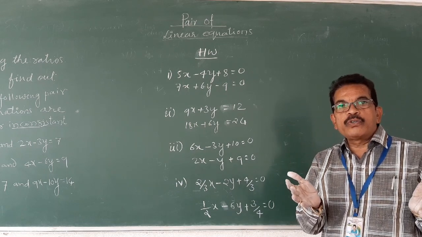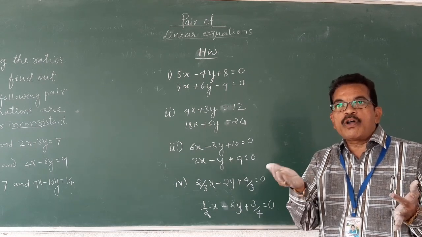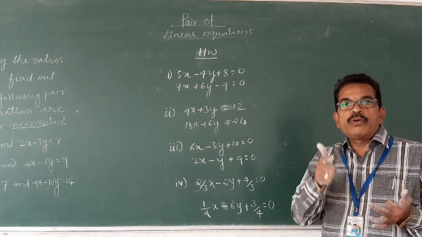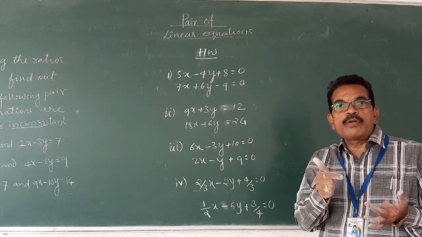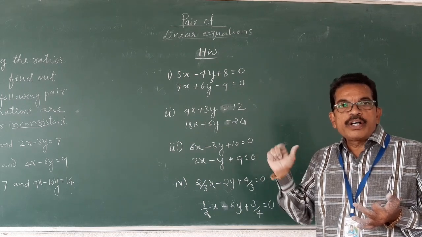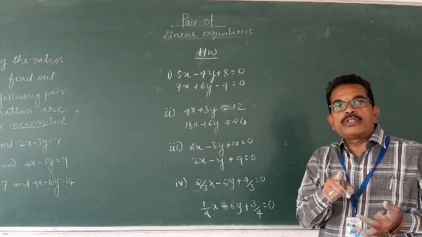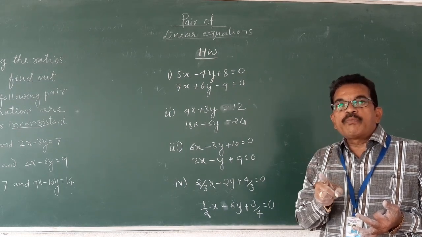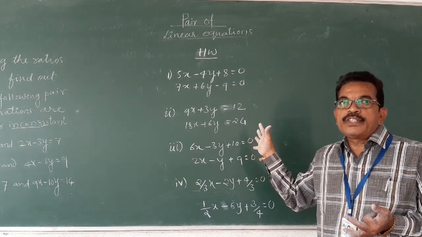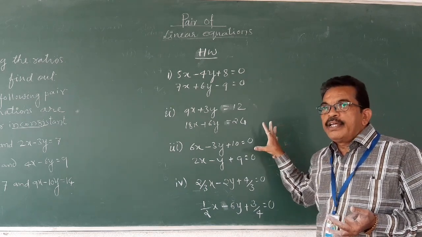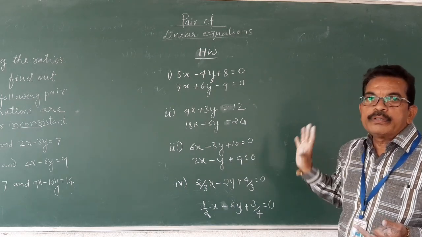The conditions also tell that A1 by A2 not equal to B1 by B2 is consistent. A1 by A2 equals B1 by B2 equals C1 by C2 is also consistent. A1 by A2 equals B1 by B2 not equal to C1 by C2 is inconsistent. So remember all those things and solve neatly in the mathematics fair book.